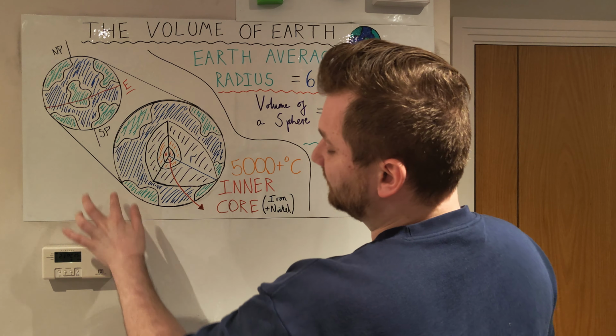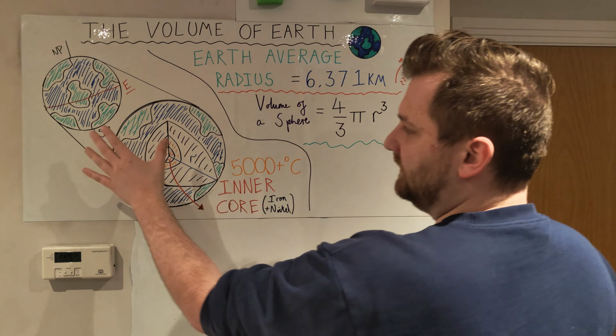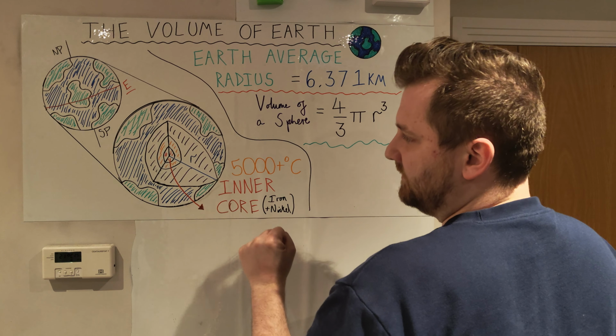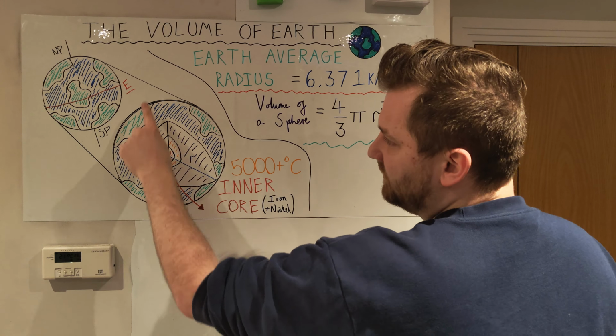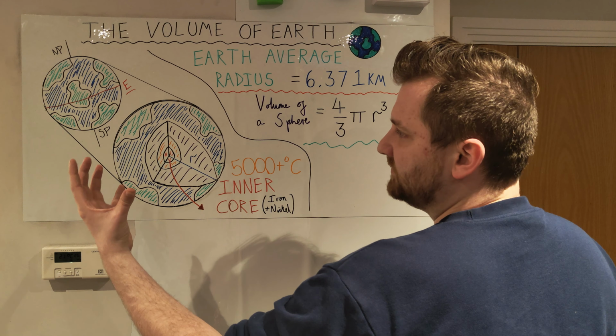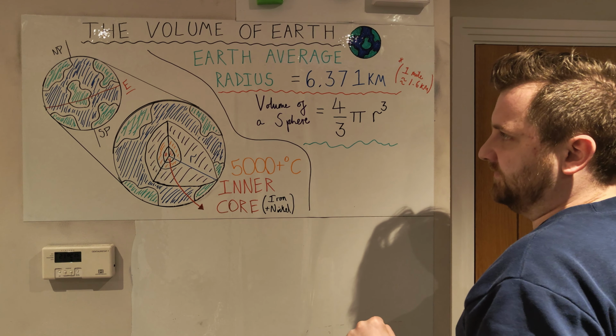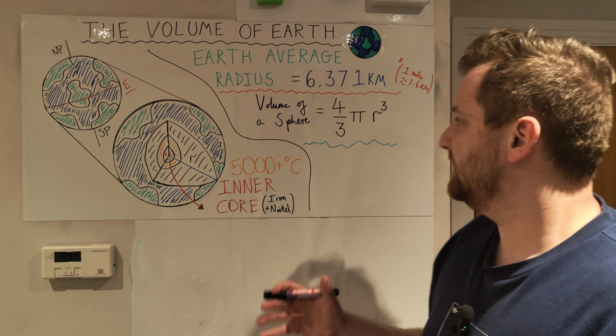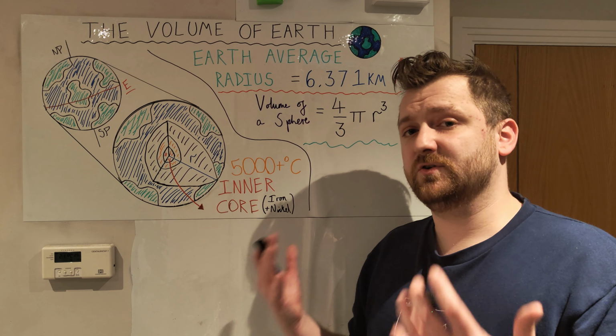So radius is from the crust on the Earth, which is where we are, through lots of different layers to the middle, and then the very middle of the inner core, that's where we're measuring to. And again, as I said before, it might be slightly different depending on where you're measuring from, which is why we're taking the average. So now all we need to do is put this average radius into our formula, and we can get an estimation for the volume of Earth.